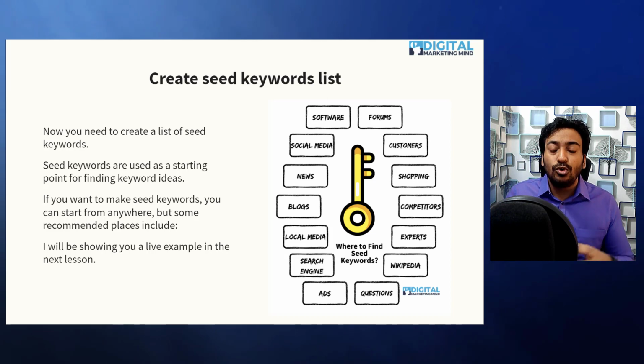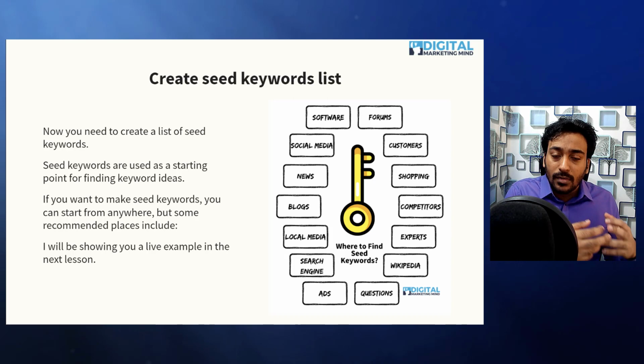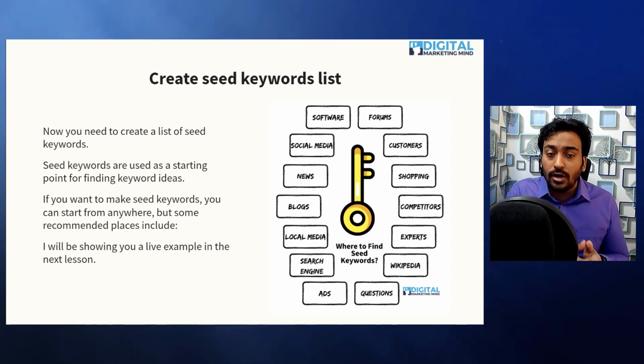So you can go to any blogs related to your industry, then see what categories they are using, what content they are creating, what content pieces they are focusing on, and what main points they are talking about, from the other bloggers who are doing it on the internet itself.